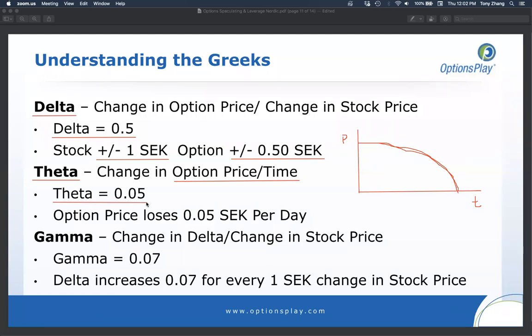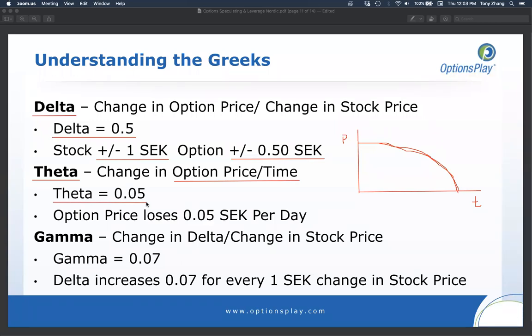In the example before, we said if we have a 4 crown option that's trading at $100 and the stock increases by 1 crown, that option is now worth 4.5 crowns. But let's say it takes a week for the stock to move 1 crown.